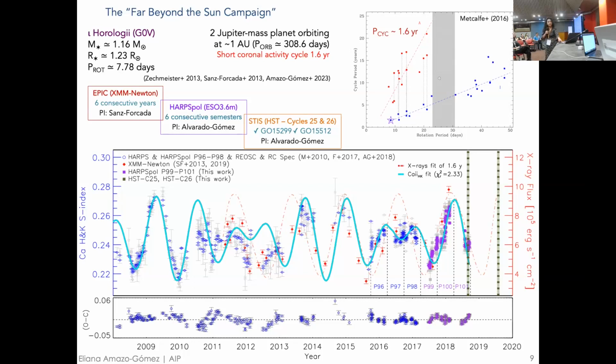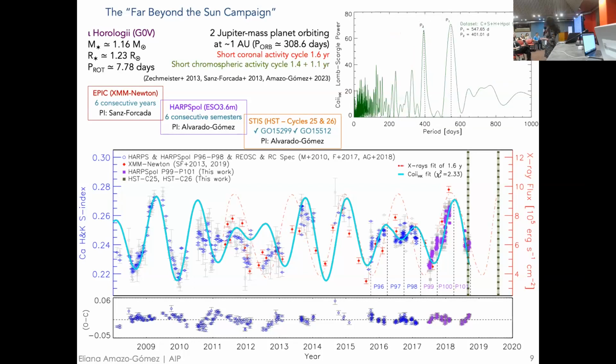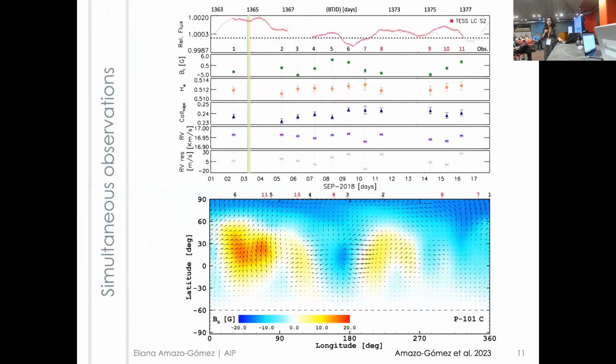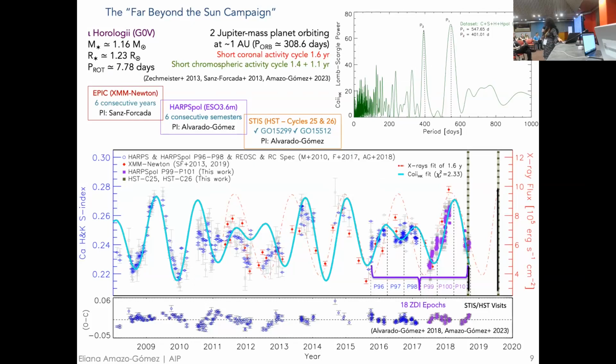We also have the comparison in calcium for the star, the chromosphere, and we found this beating period of the star. With polarimetry, we were able to retrieve 18 Zeeman-Doppler imaging maps to characterize the cycle of the star, and also a simultaneous HST time in one of the periods of HARPS observations.